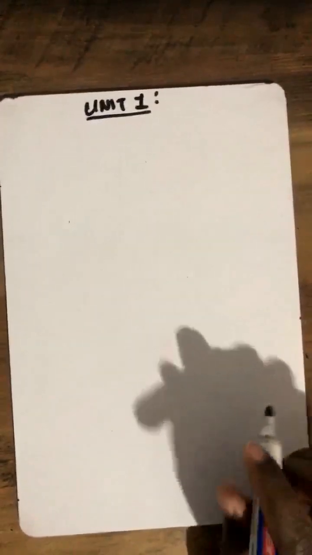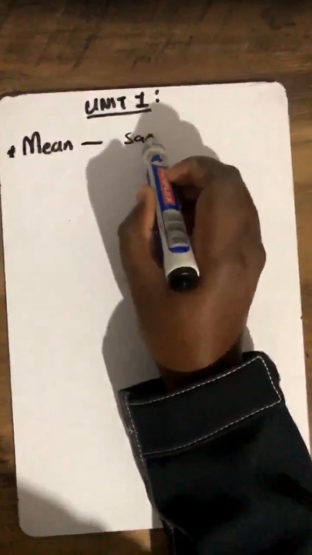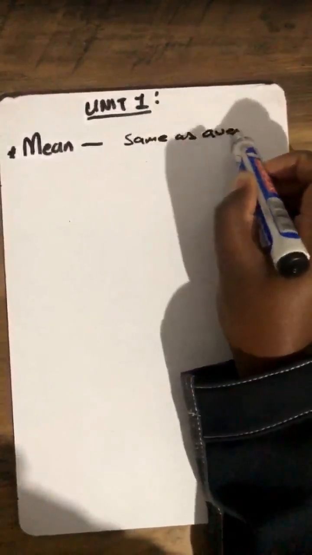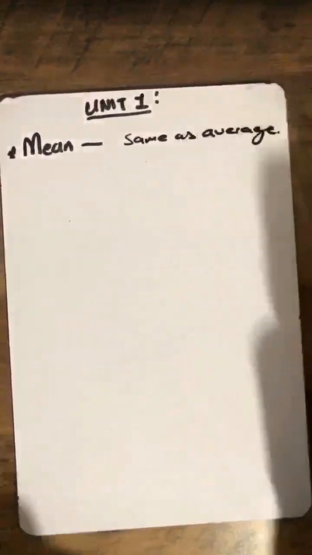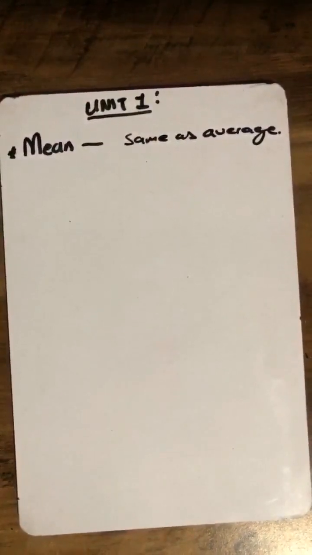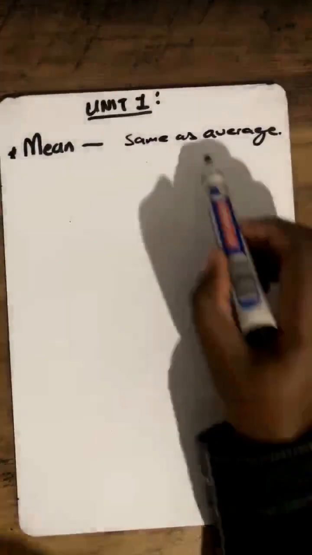Number 1, maybe let's talk about the mean. What is meant by the mean? So the mean, it's actually same as average. So Gemina, when someone says the mean, they are simply referring to the average.